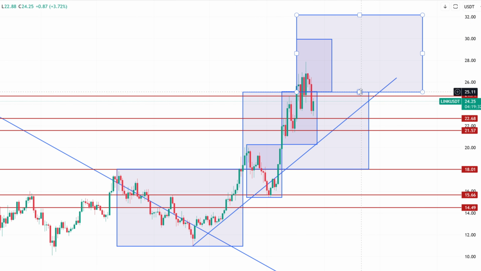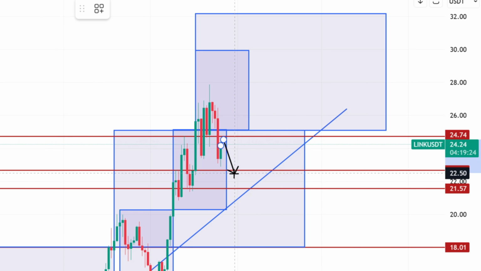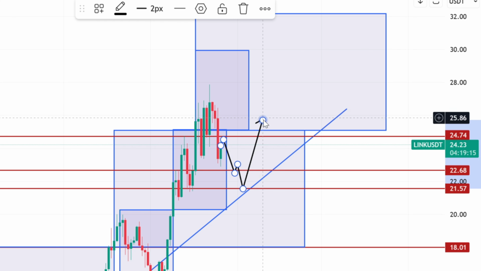This is not that hard to gain, even if we are doing another leg to the downside right here. So let's say we are making another leg to the downside right here, and then we are moving higher, then we are still back in the rectangle in the time window that we need. But as I said, currently just speculation.